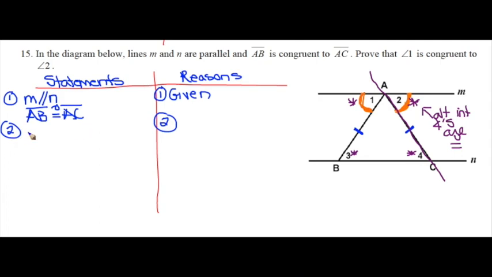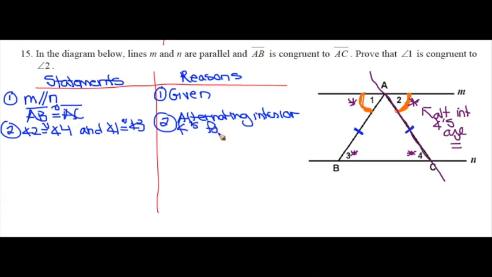So for step 2, I'm going to say that angle 2 is congruent to angle 4, and angle 1 is congruent to angle 3, and my reason here is because alternating interior angles formed by parallel lines are congruent.